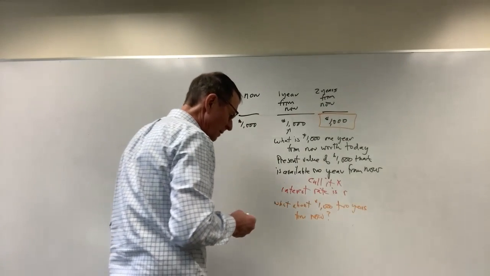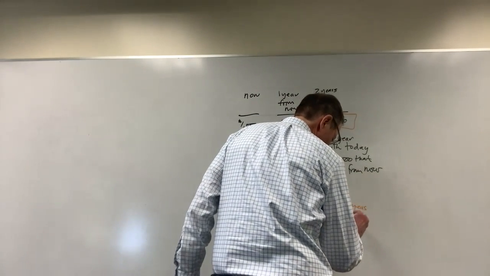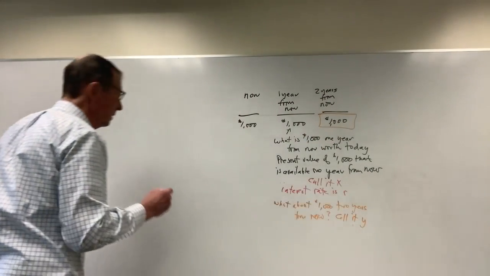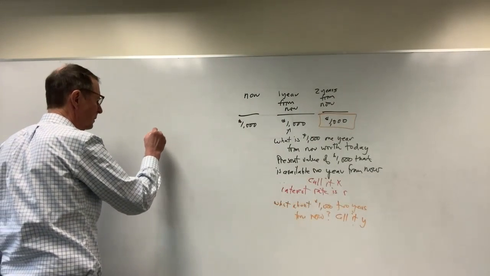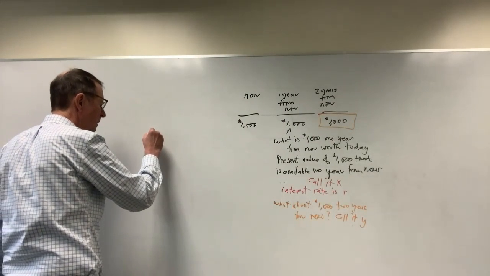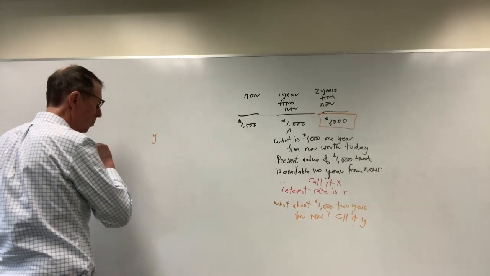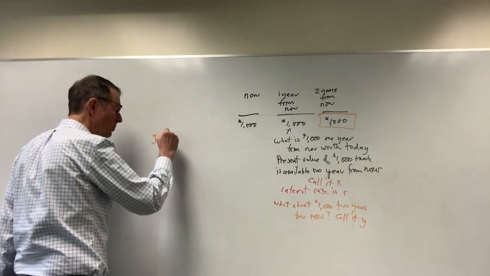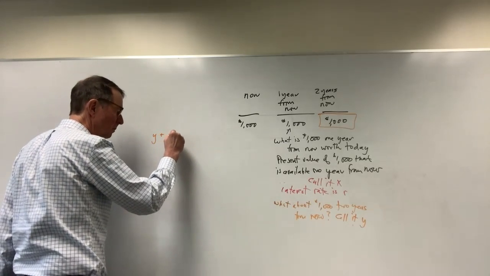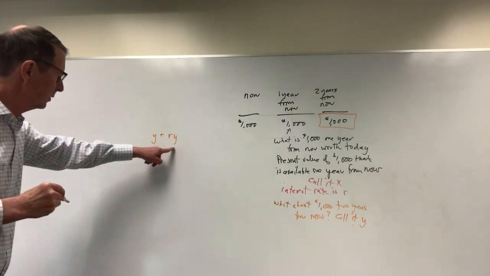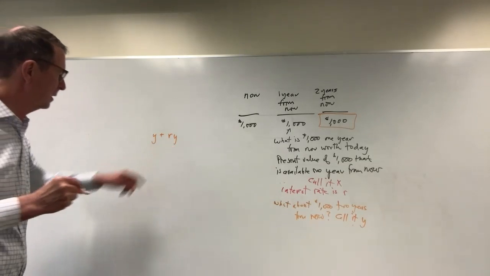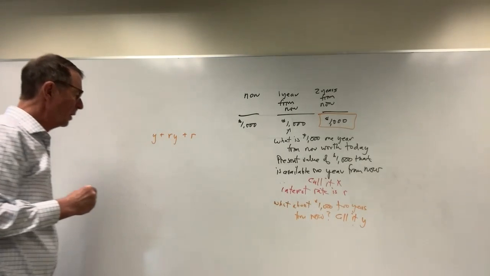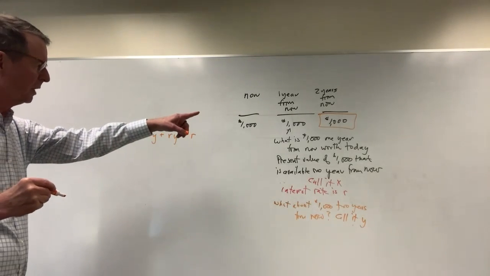Well, let's call it Y. Now we want to know what amount of money today, when added to the interest that we can earn in the first year, that's what we had before, but now we want to add the interest that we can earn in the second year.